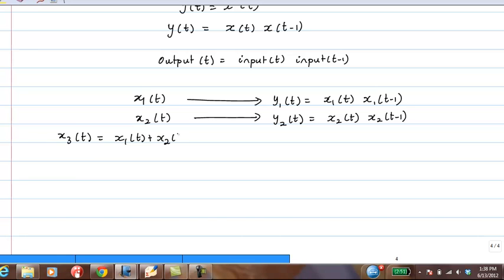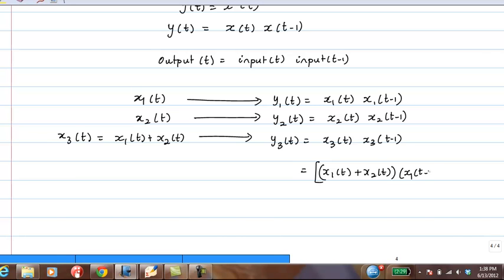And if I consider a new signal x3 of t, this is x1 of t plus x2 of t. So what I will get at the output is y3 of t, which is x3 of t times x3 of t minus 1, which is x1 of t plus x2 of t times x1 of t minus 1 plus x2 of t minus 1.